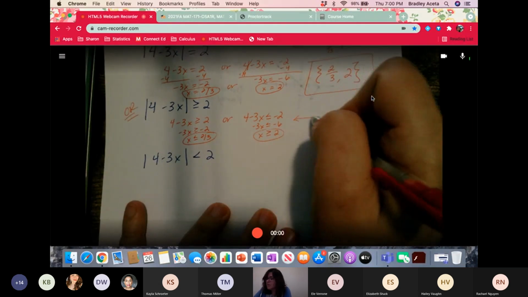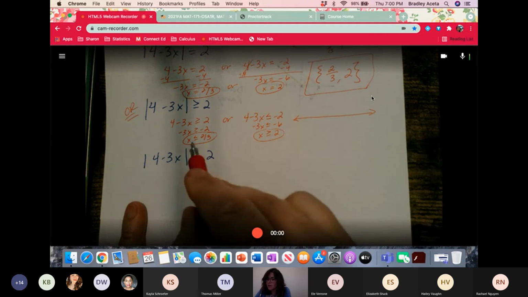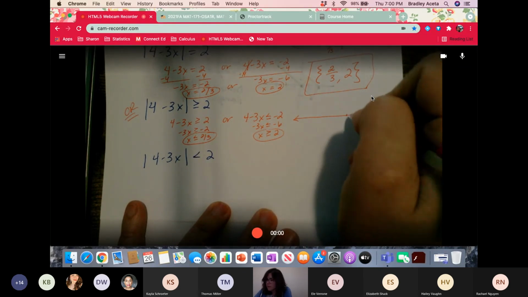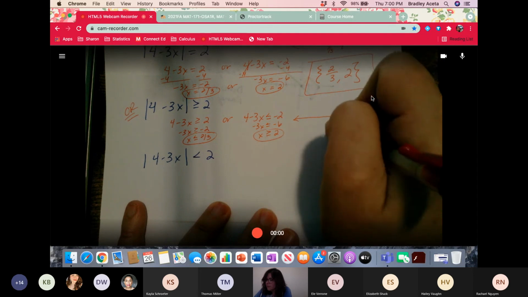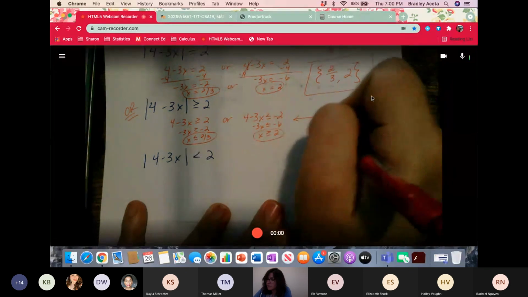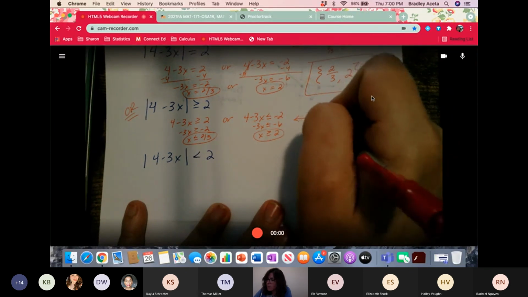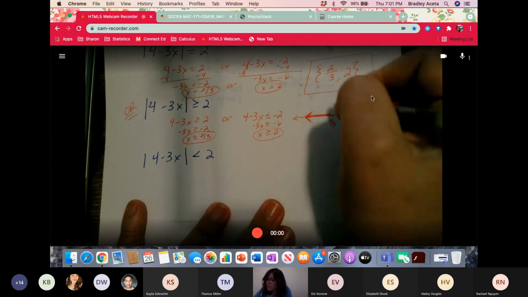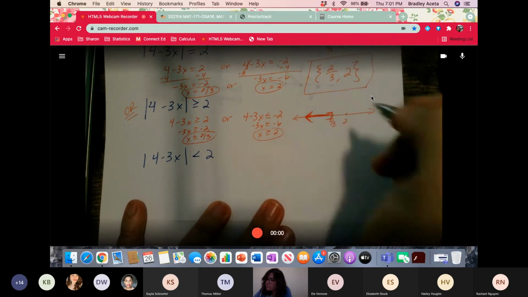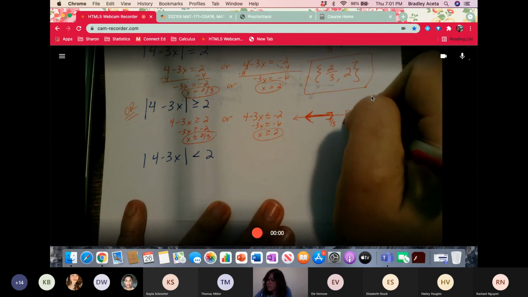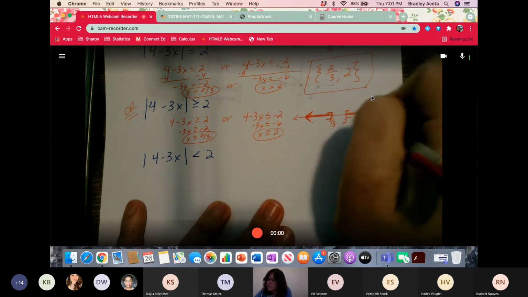Oh, so what happened here? I still had those boundary points, 2 and 2/3. Here's 2, here's 2/3. But for this half, all my answers are less than 2/3. They go that way. And it's less than or equal to, so it would be a bracket. But for this one, all my answers would be greater than, that way.